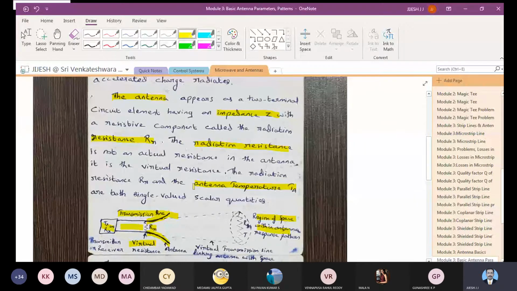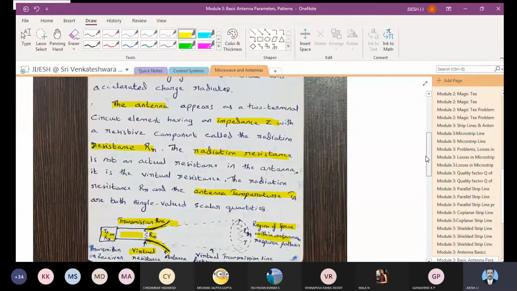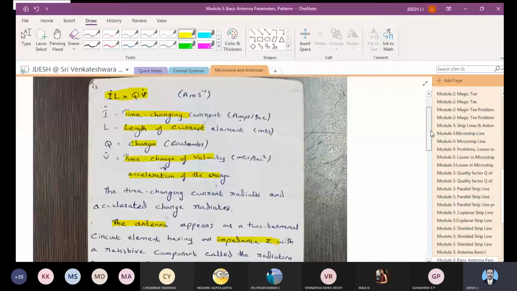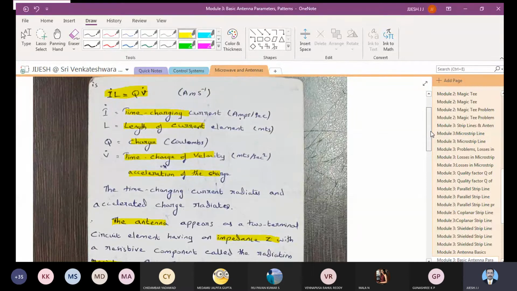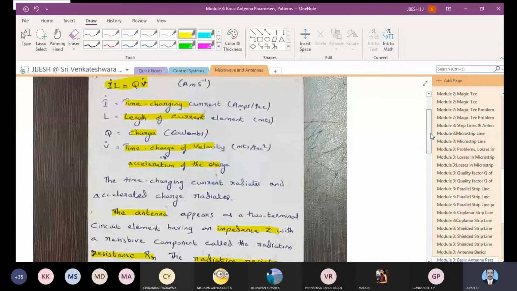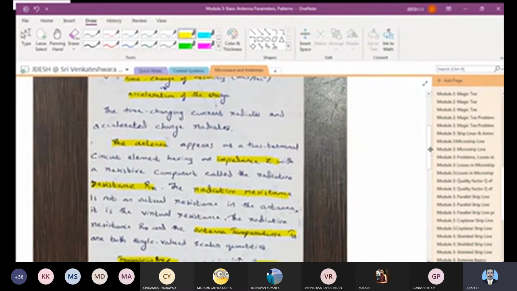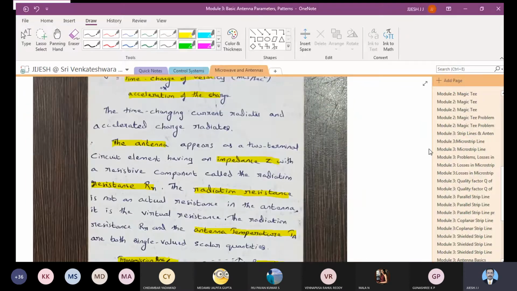The main focus here is the generation of radiation resistance, in the form of virtual resistance, which in turn leads to the antenna temperature. In the previous class we also studied I dot L is equal to Q V dot, the time-changing current, the length of the current element, and the charge Q. Those equations are to find the radiation resistance and the radiation taking place in an antenna.